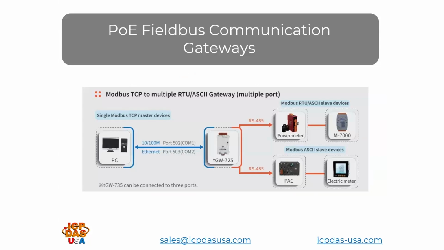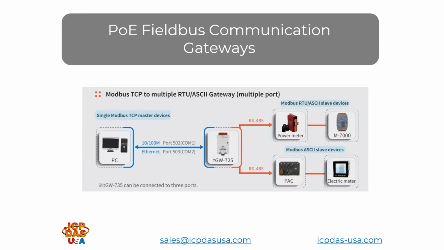PoE is also used in many field bus communications. One of our most popular products are our TGW series. These are Modbus TCP to Modbus RTU gateways. They utilize PoE for simple wiring, so you just need to wire a PoE connection to it with a single Ethernet cable. Then you connect the Ethernet cable to the TGW, and you connect a second Ethernet cable to the computer or Modbus master, and from there you can communicate to the slave devices connected to the RS-485 bus on the other side.